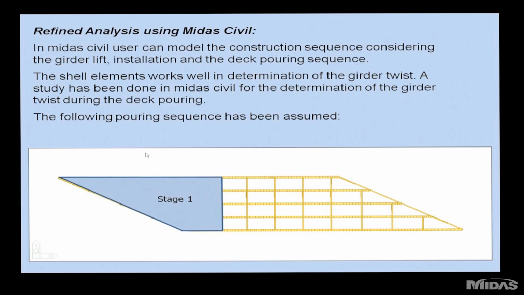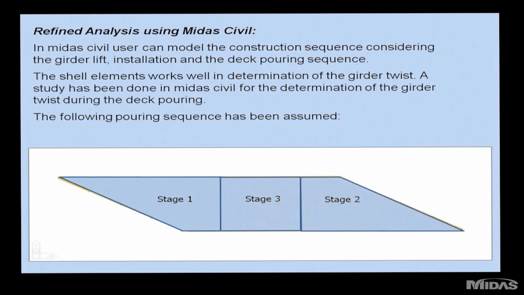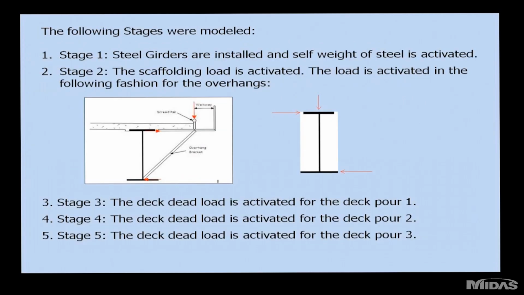The most accurate model is, as we talked about, to use shell elements for the webs, and then you can either use shell or beam elements for the flanges. Both produce good results, and you can get a very good representation of the behavior of the girders. So a multiple stage analysis of a skewed bridge might look like this.